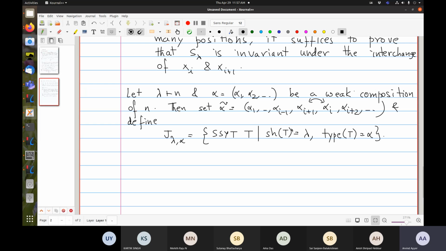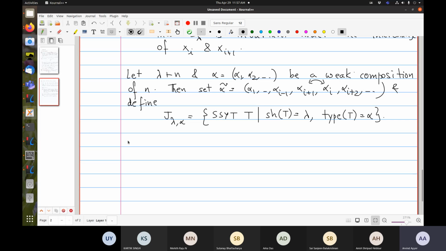So we have all these tableaux contributing, with the same shape and type, and all of these will have the same weight because their type is the same. So what we want to do is to find a bijection between J lambda alpha and J lambda alpha tilde.